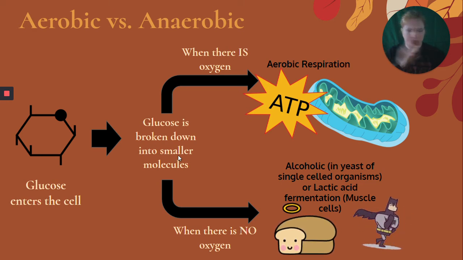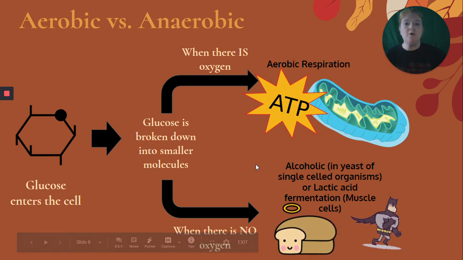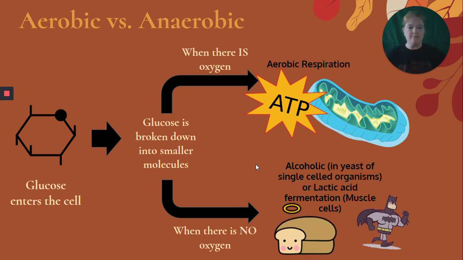A little bit of energy, but all good. When there is oxygen present, we go through aerobic respiration in the mitochondria. This is a mitochondria, and produce lots of ATP. Perfect. But when there's no oxygen or not enough oxygen, what happens is we go through anaerobic respiration.